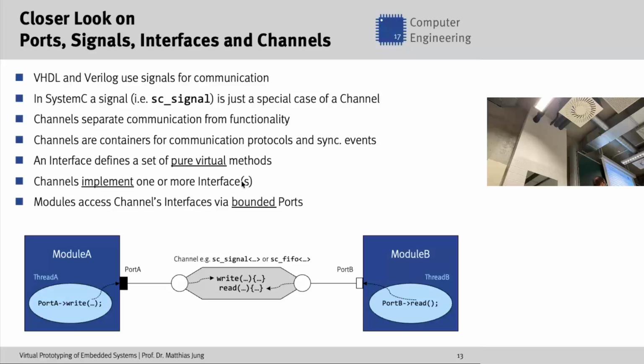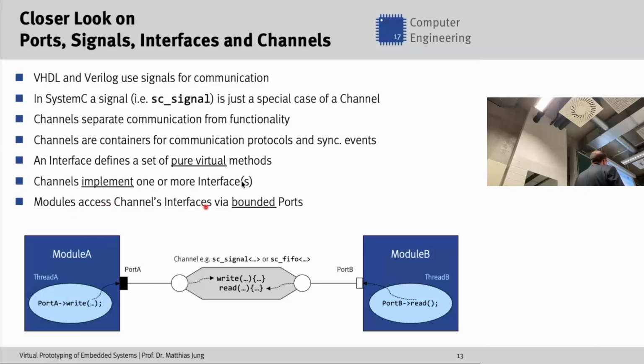And then we can exchange that. So we can use the same modules, but we can exchange the medium in between. We could say this is a signal, this is a queue, or this is a queue with some arbitration or whatever. And this makes it pretty convenient. We will see that in some minutes when I will create my own custom signal or channel.